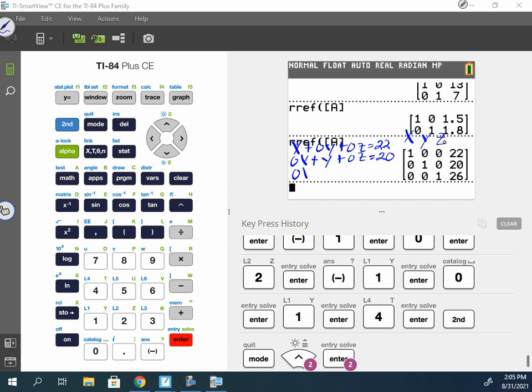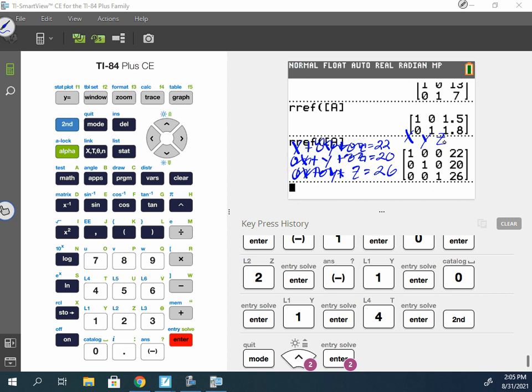And the bottom one is 0x plus 0y plus z is equal to 26. In the top row, y and z are gone, just x is equal to 22. The middle one, everything but y, and the last one is everything but z. It's those diagonal ones. That's also why when we plug these in, we want all the same variables to be lined up across all the equations. So when everything's said and done, it will line up like this.